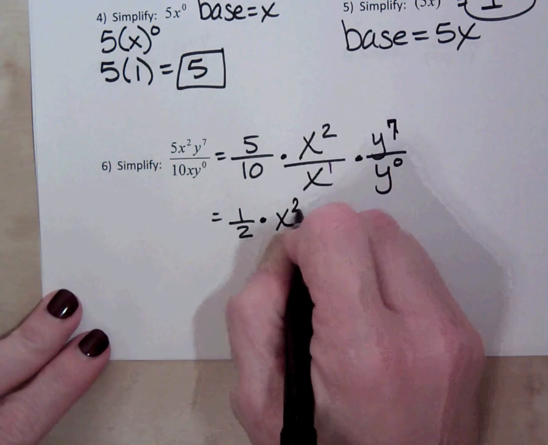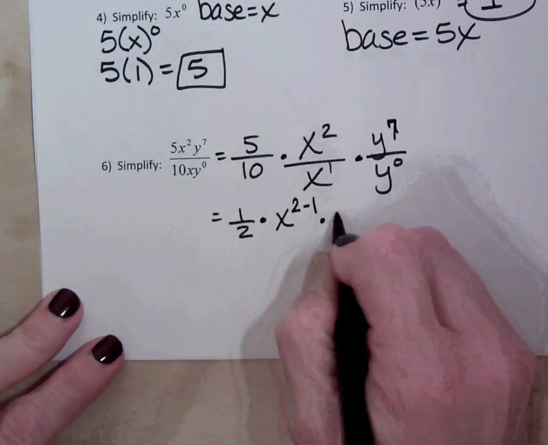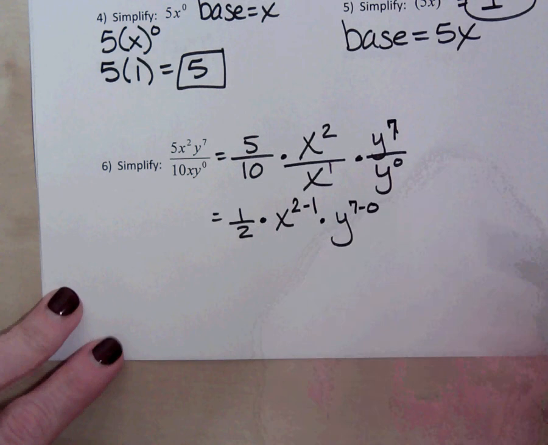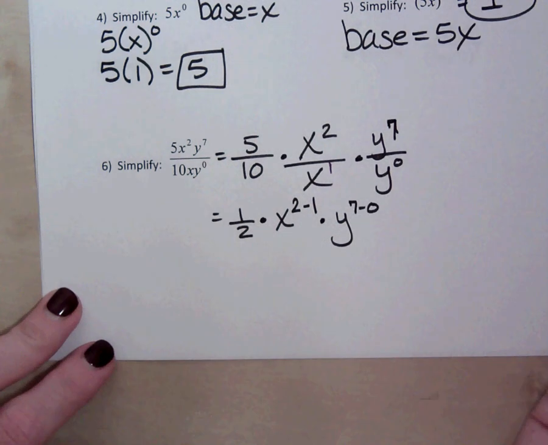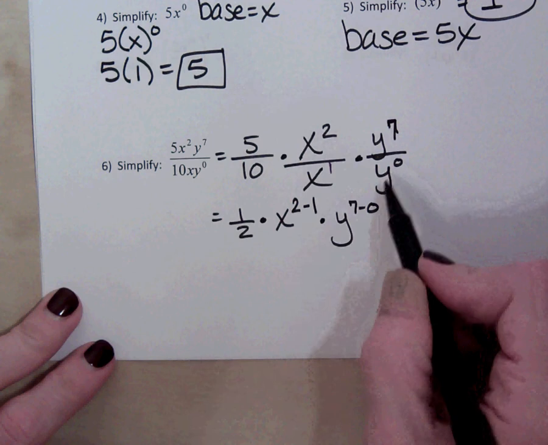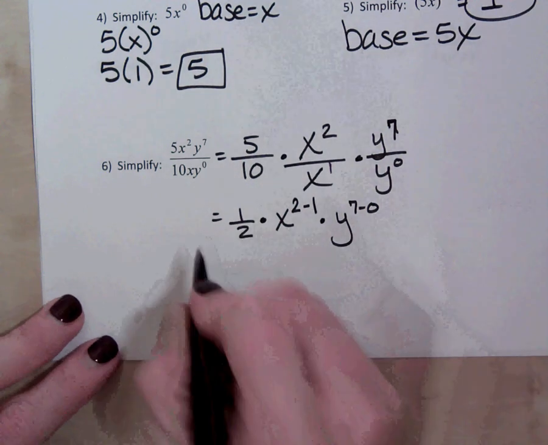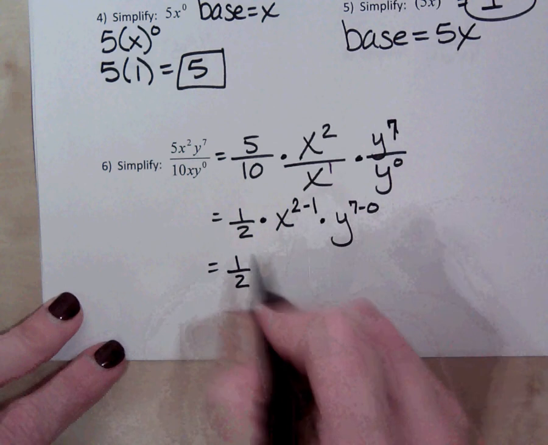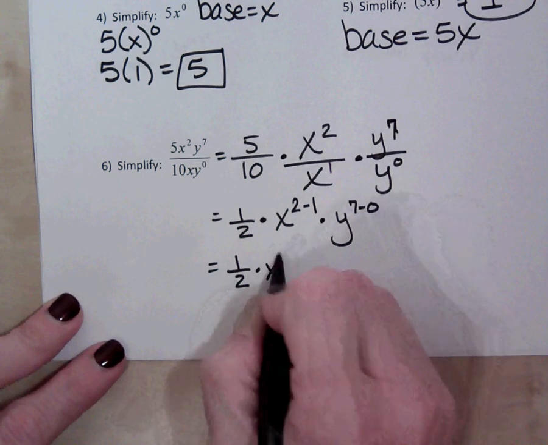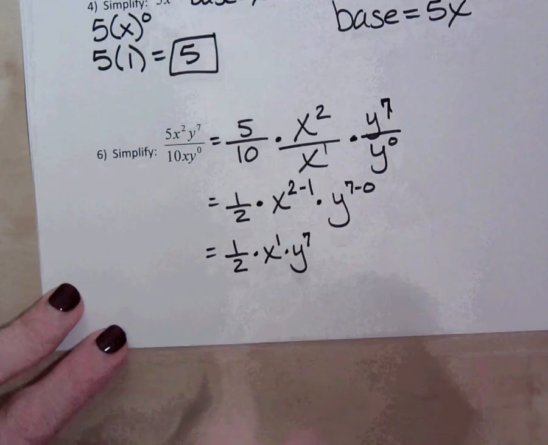So this is going to be x to the power of 2 minus 1. Now with the y's, I could think of it like this, 7 minus 0, which is just going to be 7. Or just think here, this denominator is equal to 1. So y to the 7th over 1 is just y to the 7th. Okay, so I get 1/2 times x to the 1st power times y to the 7th power.